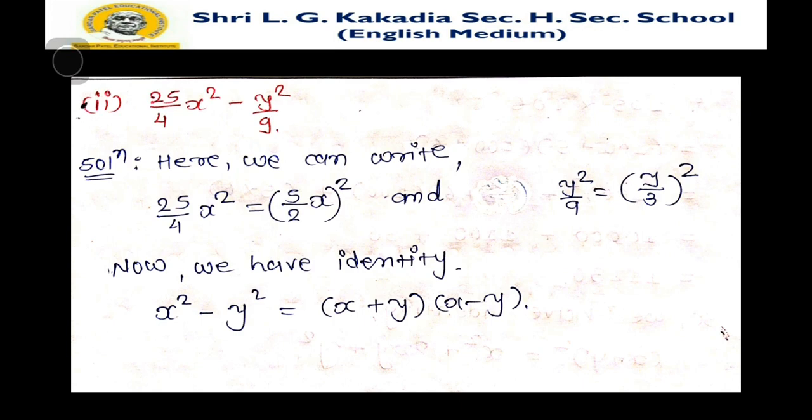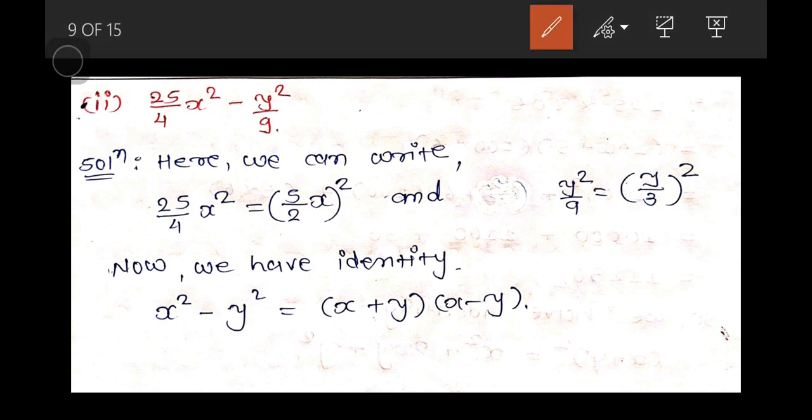Here is the second example: 25/4 x² minus y²/9. Again, this can be a² and this can be b². So we can write 25/4 x² as (5/2 x)². As you can see, 25 is the square of 5, 4 is the square of 2, and x² is the square of x.